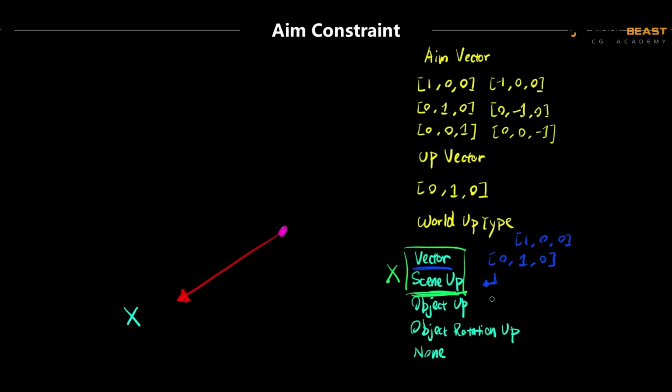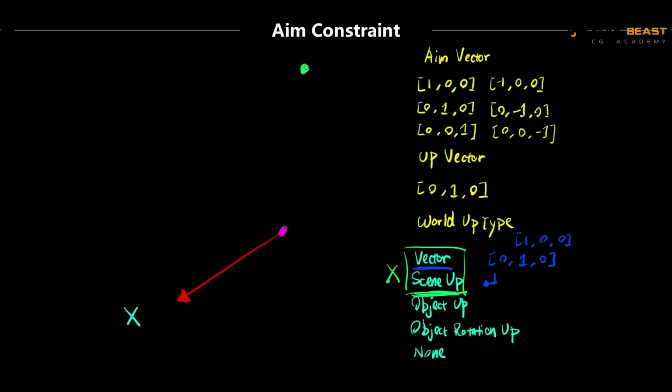First, let's talk about object up. What is object up? Let's first recall how we defined our aim vector. How did we define it? It was very simple. We knew the positions of our driver and driven objects, so we drew a line between these 2 points. The direction of this line is the direction our aim vector represents. Object up is actually the same process.